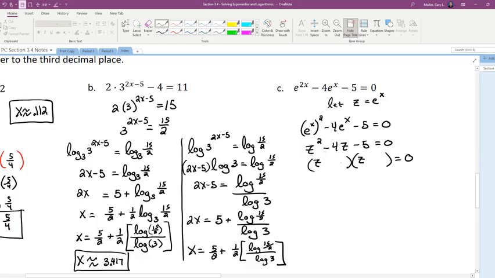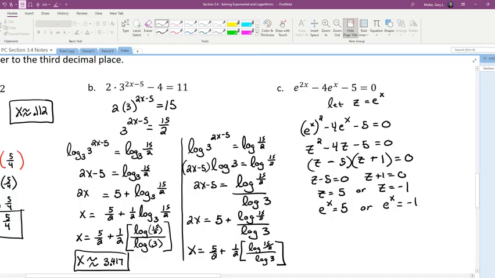And we'd have a negative 5 and a plus 1. So I set each factor equal to 0, and I get z equals 5 or z equals negative 1. But of course, the problem isn't z equals, it's e to the x equals 5 or e to the x equals negative 1.